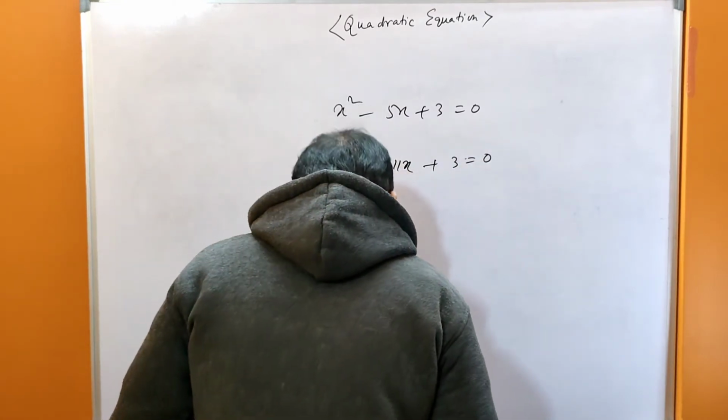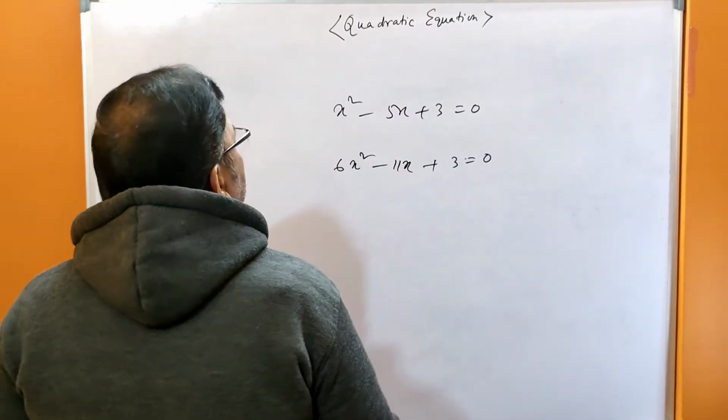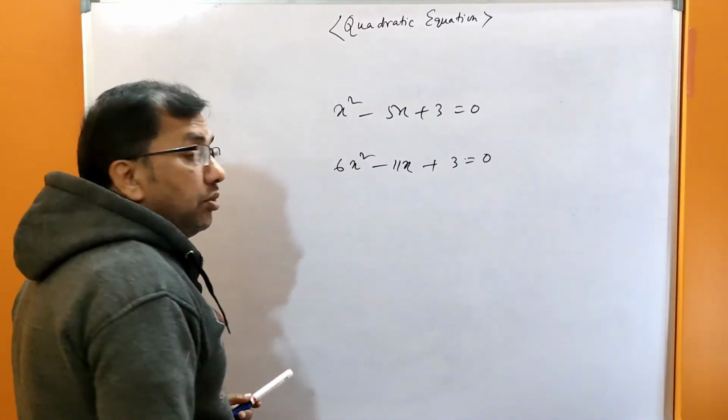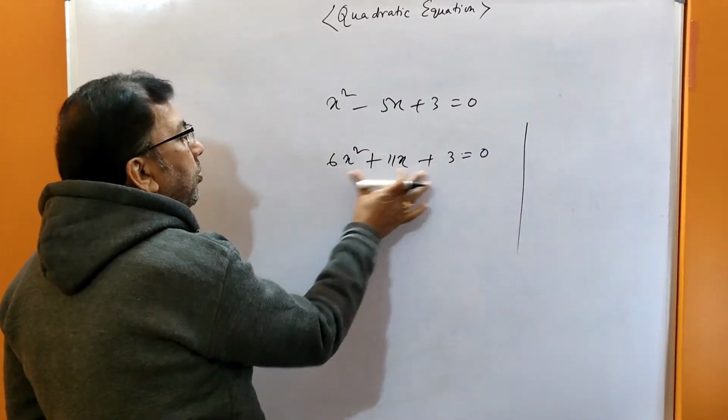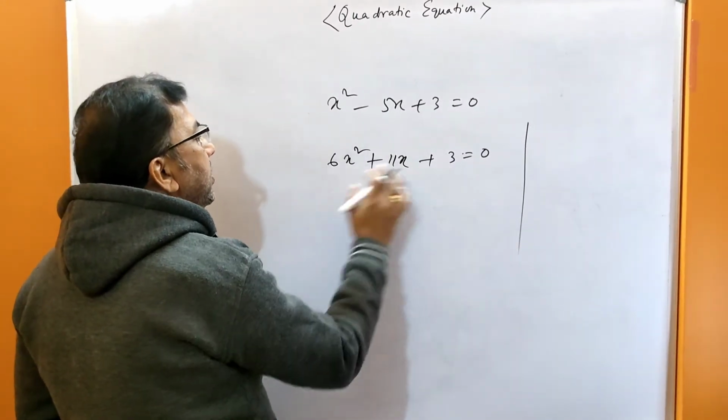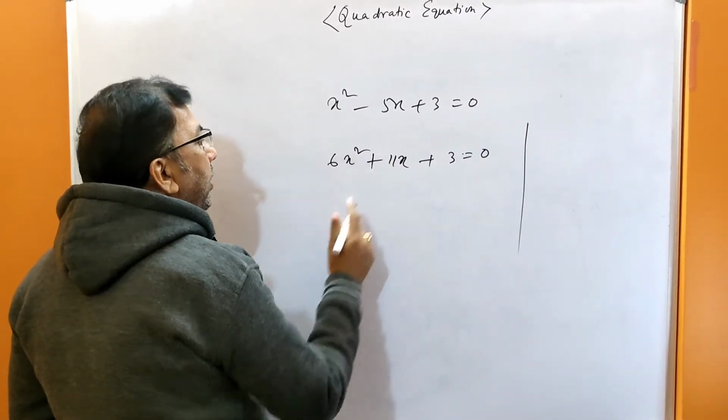This is the equation. Solve this equation. You have to find out the value of x. That will be minus, it will be plus. Okay. So do the middle term split. What is 3 times 6, 18? 9 and 2 make 18, 9 minus 2 makes 11.